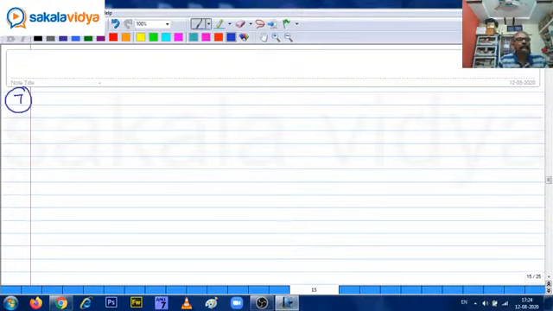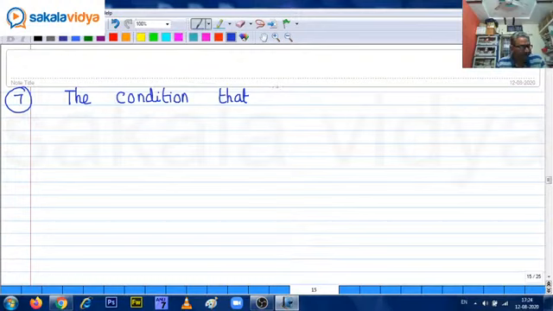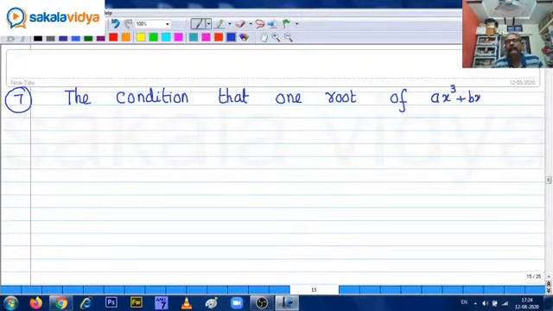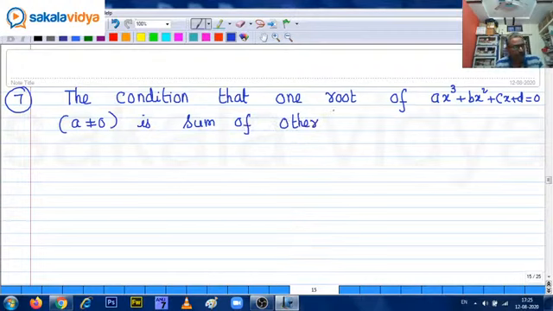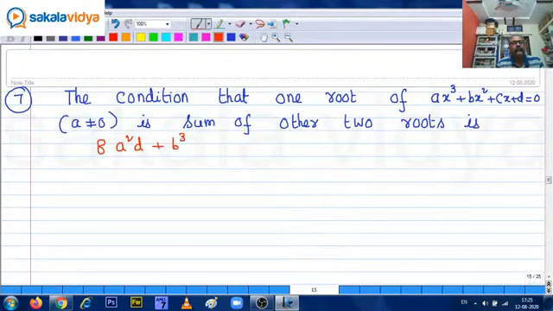Seventh result. This also you need to remember. The condition that one root of ax cube plus bx square plus cx plus d equals 0, a does not equal 0, is the sum of the other two roots is 8a square d plus b cube equals 4abc.